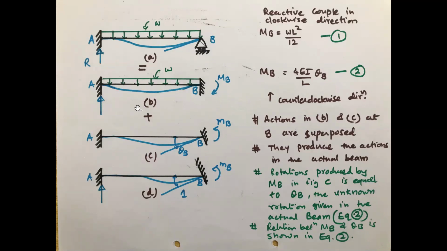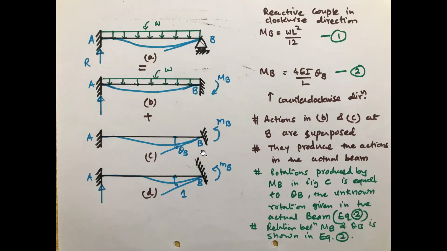But you can see that analyzing this original beam is equivalent to analyzing this first beam and then analyzing the second beam. If B and C are added, then I get the original beam.